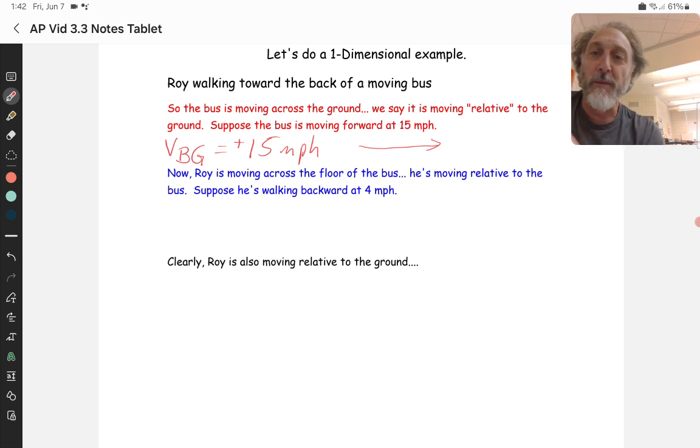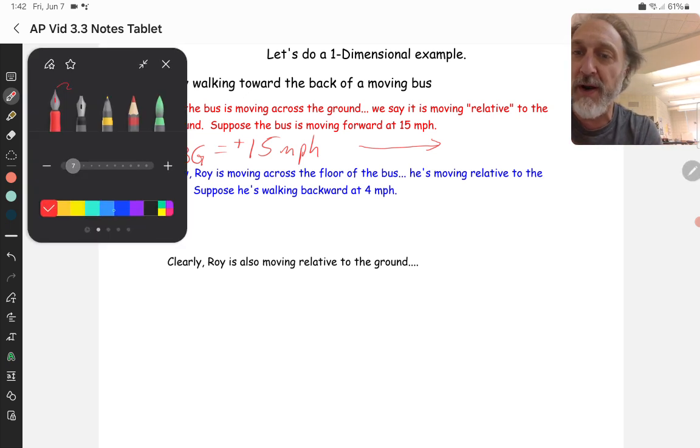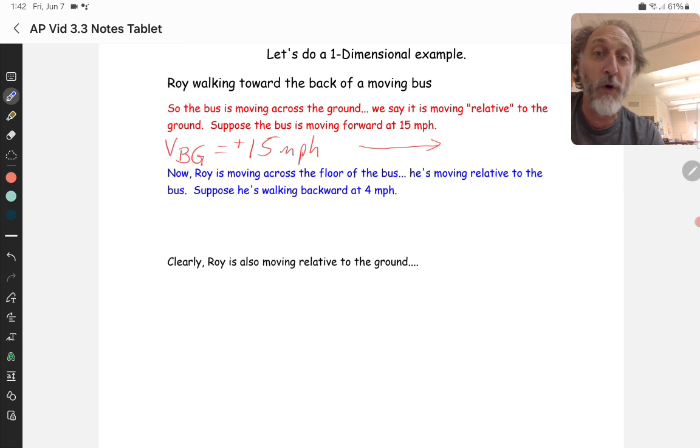Now, meanwhile, Roy is walking around. Now Roy is moving across the floor of the bus, so his motion could be described as either relative to the ground or relative to the bus. Suppose he's walking towards the back of the bus at 4 miles an hour.